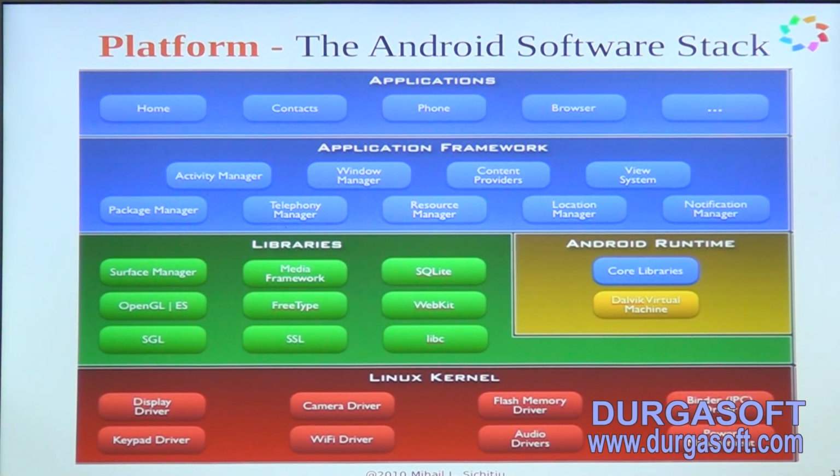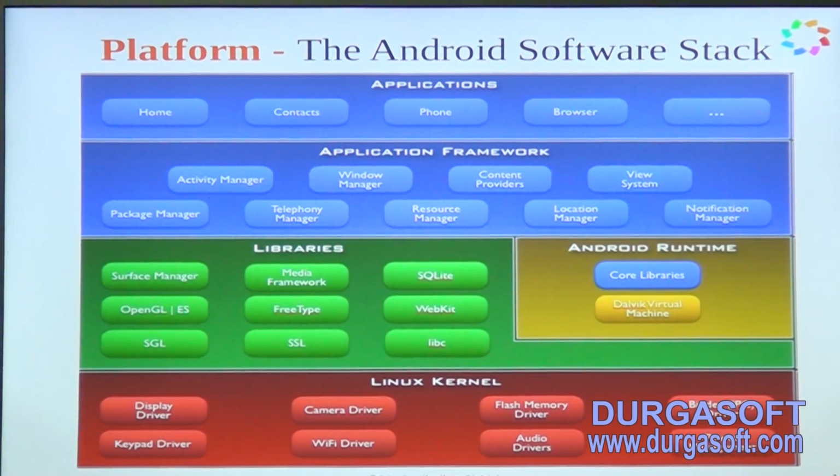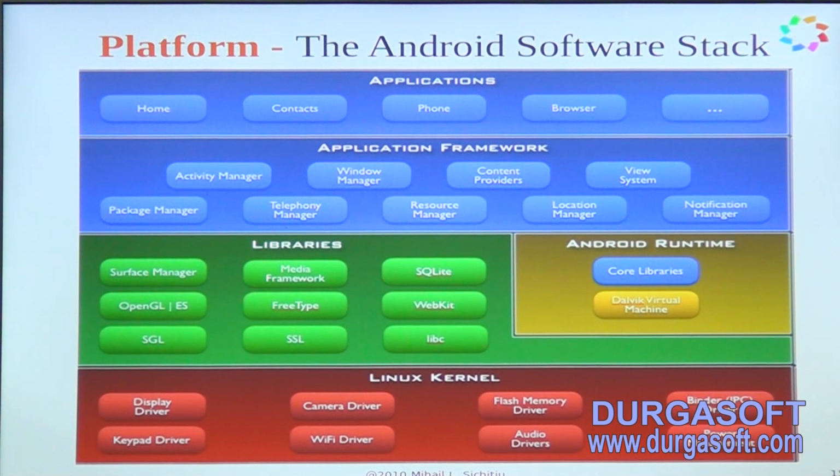Any application you develop and run on your mobile phone is actually running on the application layer. If you take applications as one layer, application framework as one layer, libraries as one layer, and kernel as one layer, each of these parts comes into different layers and comes into the scenario at different processing times.